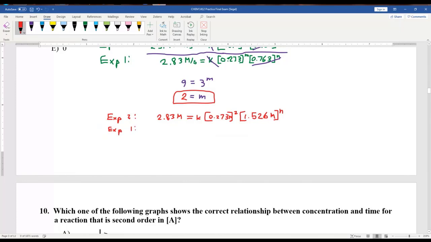Experiment 1. I'm going to take the data from experiment 1. It turns out, if I look at experiment 1, it's also 2.73 molarity per second.